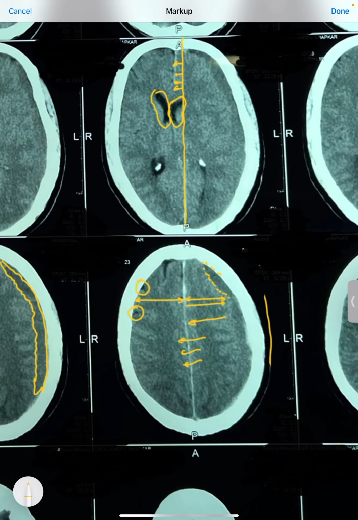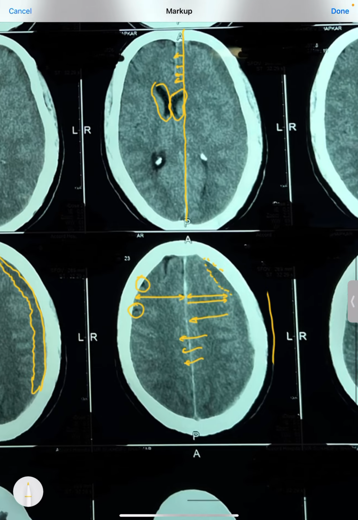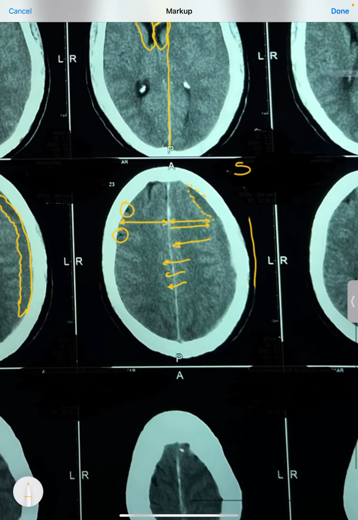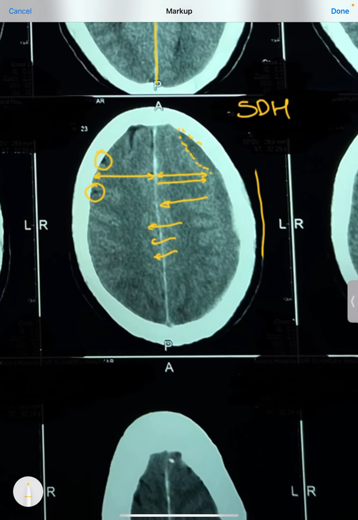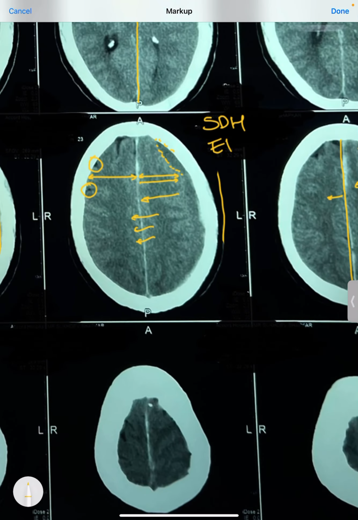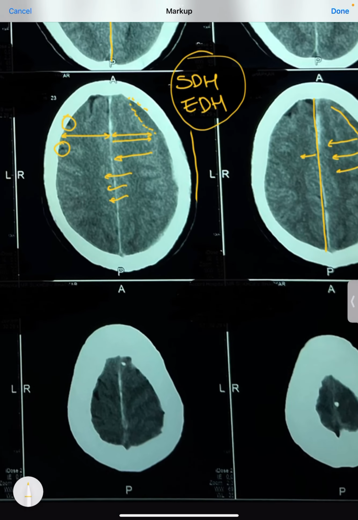Now, whenever it comes to bleeding, we always look whether it is subdural hemorrhage or extradural hemorrhage. Now, whenever we see subdural versus extradural, extradural usually has a convex border like this.